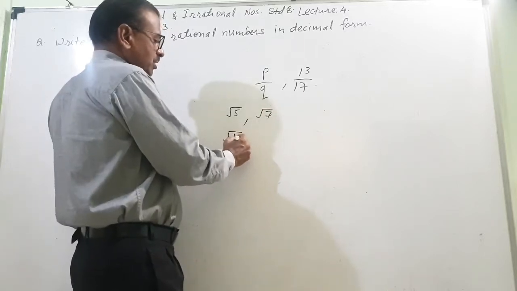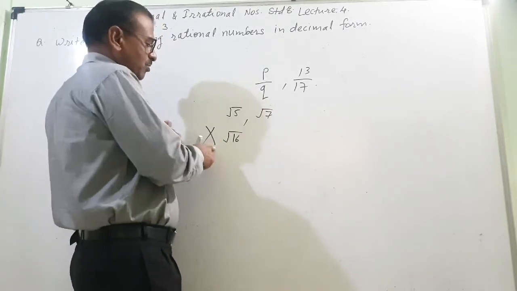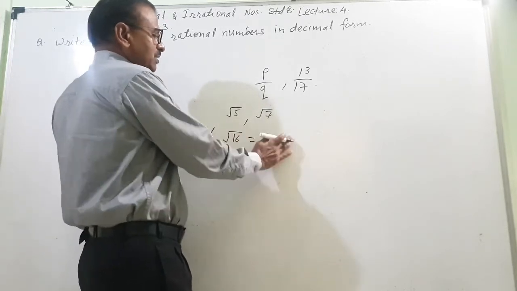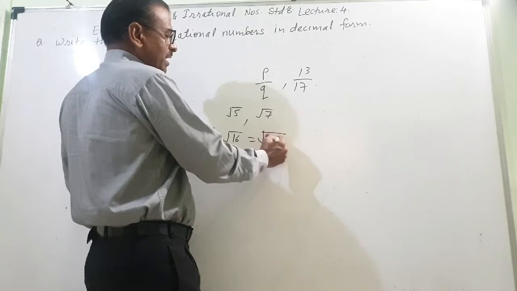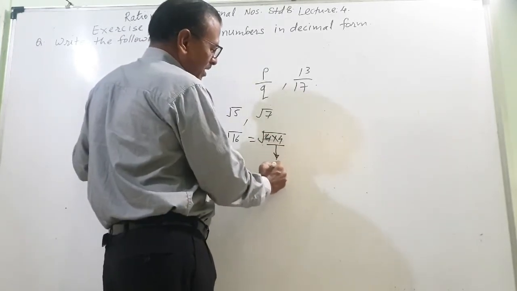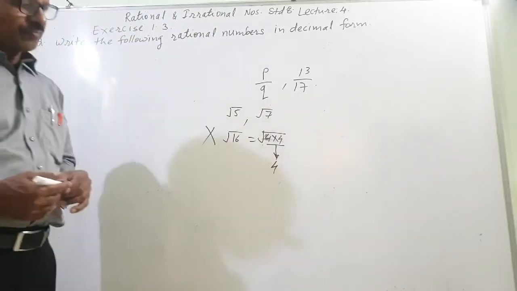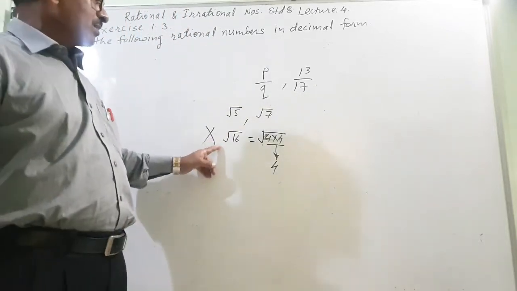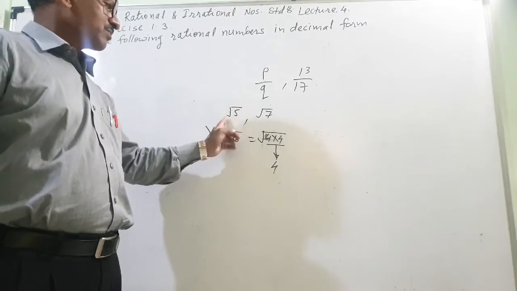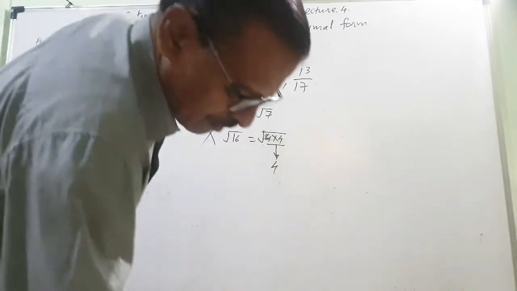Root of 16 is not an irrational number because root 16 is nothing but 4, because 16 is 4 into 4. This way I can write 4 into 4, make a pair and take 1 out. But root 5 and root 7 are not perfect squares. That's why these are the irrational numbers.